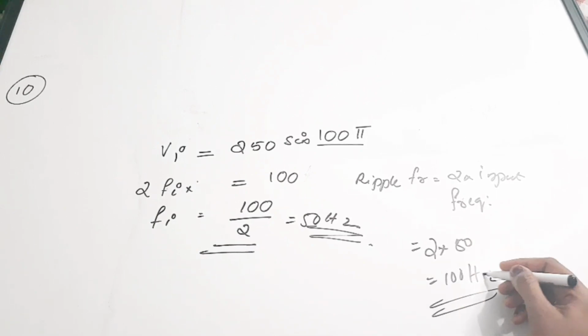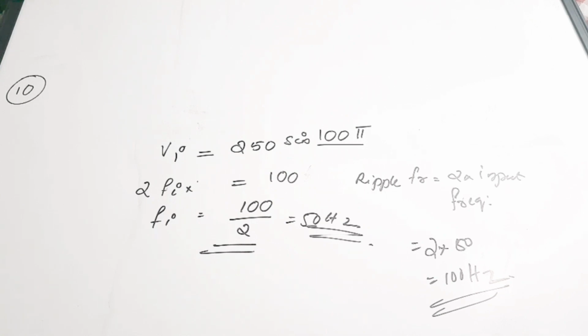This question is actually very similar to the previous question which we have answered. The only difference is that in this question, we are not directly given the input frequency, but from the sine wave equation, we have to take the input frequency. In the earlier question, the same value, 50 Hertz, was directly given. Okay. So this type of question will also come.